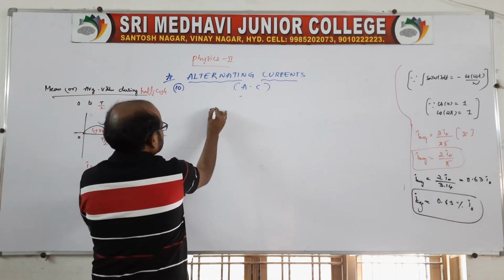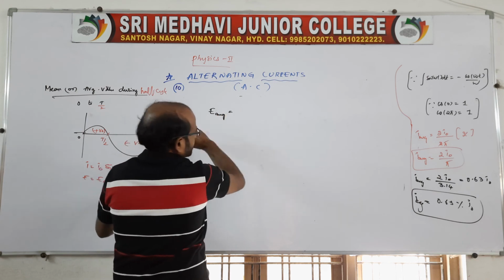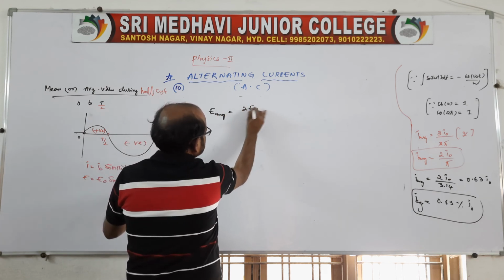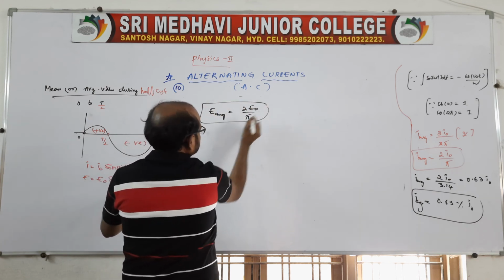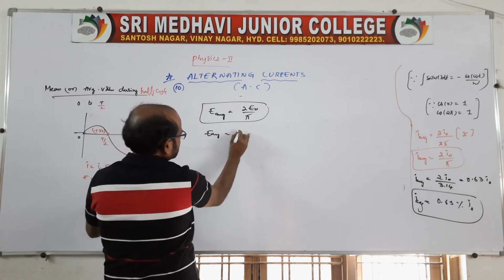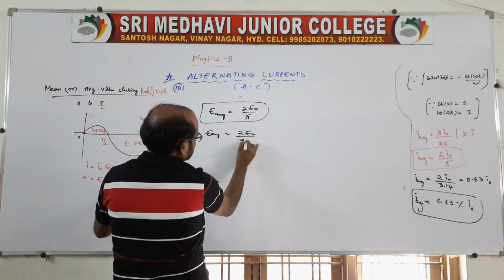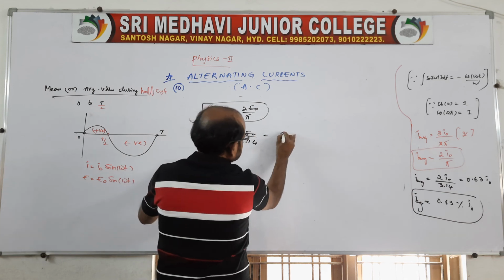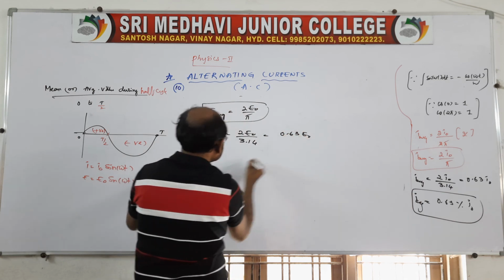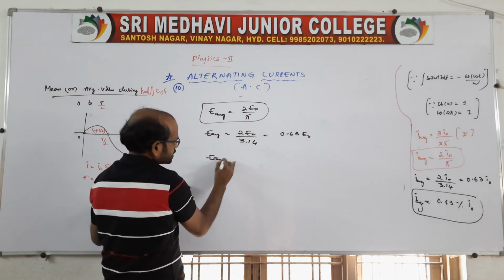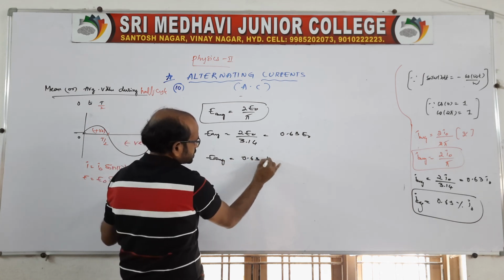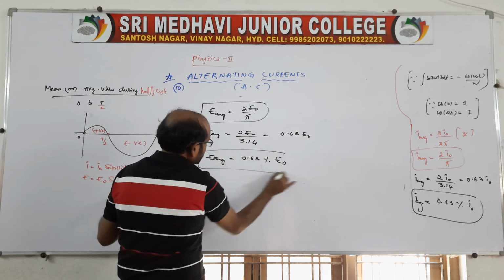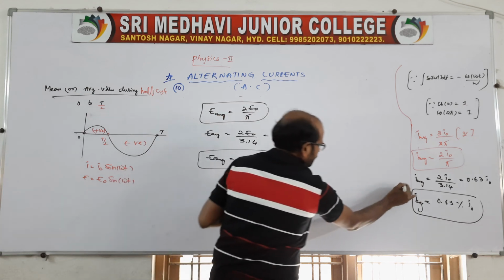So I want to write E average, so here you write 2 E naught by pi. Therefore E average is equal to 2 E naught by 3.14, then we get 0.63 E naught. In terms of percentage, 63 percent of E naught during the plus half. Here also it is during the plus half.